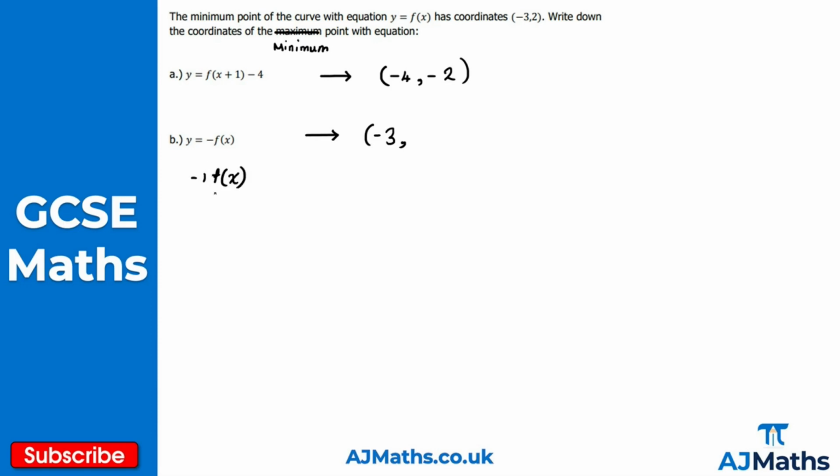Okay, so that tells us that we times the y coordinate here by minus 1. So 2 times minus 1 is equal to minus 2. In that case, we get minus 3, minus 2 there. Okay, and that's our solution. So that brings us to the end of this video on transformations of graphs.